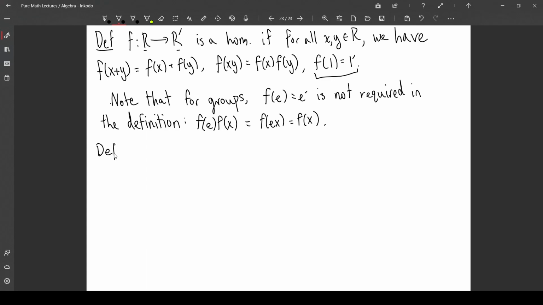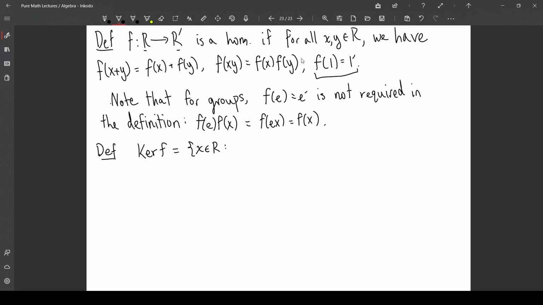Now we look at the kernel. The kernel of a ring homomorphism, we view it as the kernel additively. What I mean by that is, the kernel for groups is all the elements that get mapped to the identity. But now we have two types of identities.